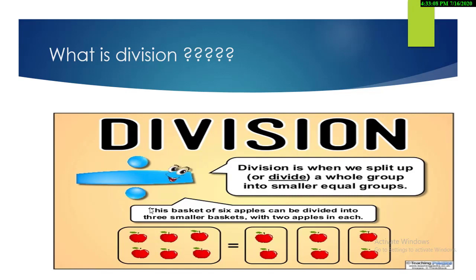This is what we do in multiplication. But in division, you find out the middle number, that is, how many equal groups you can make. So you divide it into 2 apples, and when you read the table, you will find that 3 twos are 6. I will explain this with the picture as well.